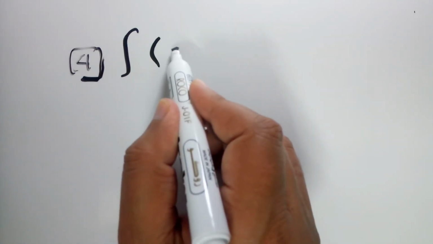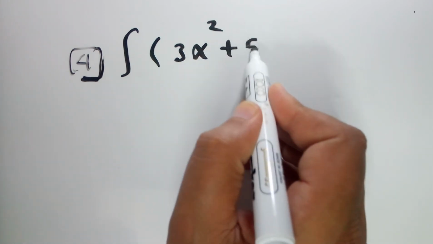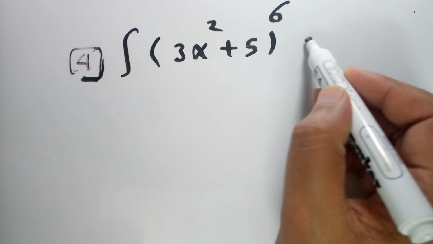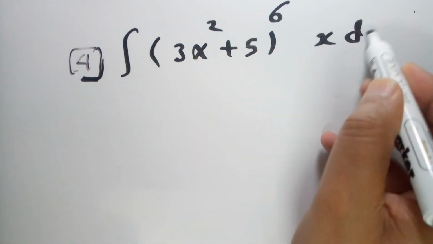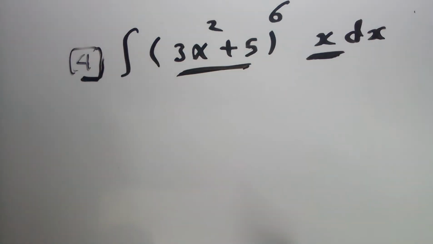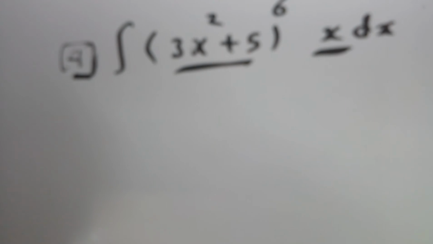Another example: the integral of 3x squared plus 5 to the power 6, and here we have x dx. Here you have x, and the derivative of this function is 6x, but here we don't have 6.